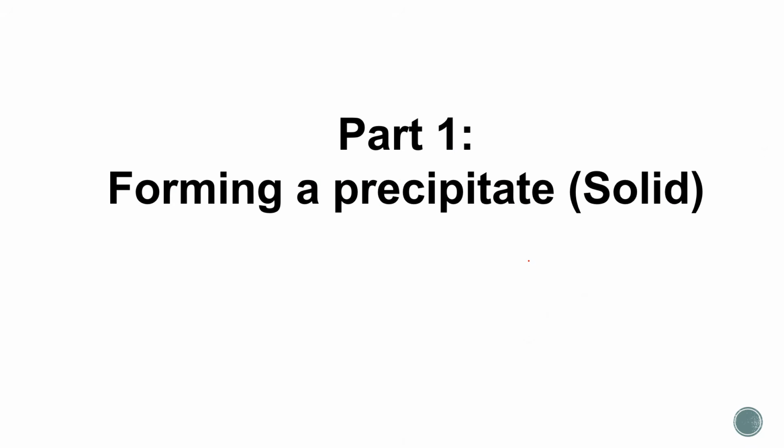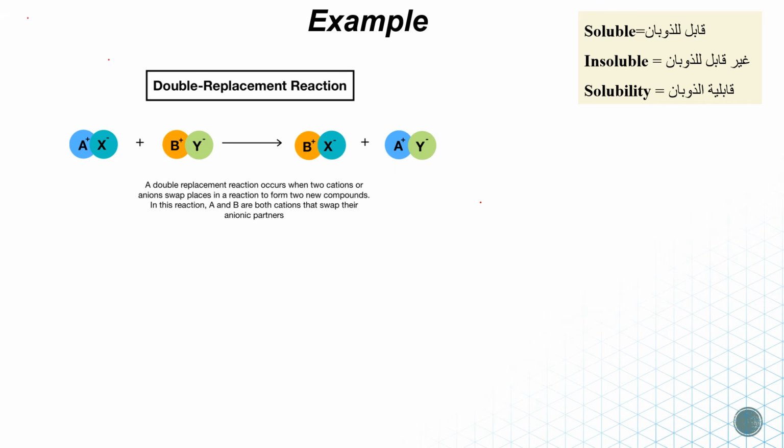So we will start with part 1. We will focus on reactions that form a precipitate or a solid, okay? So we already know what we mean by double replacement reactions, okay? I just want to show you some words here, maybe you will read it in the book. Soluble means able to dissolve. Insoluble means not able to dissolve.